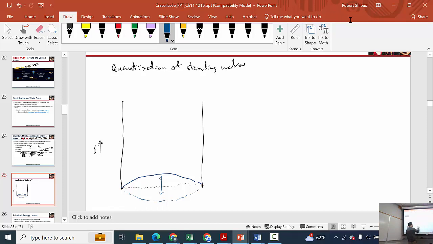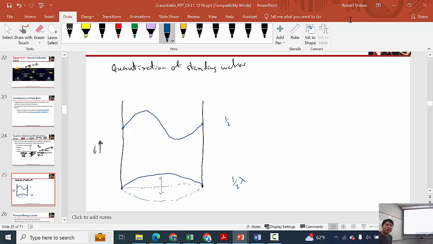But the next allowed energy is not just a little bit more. The next allowed energy is up here where we have to fit a full wavelength in there. So this is called a half wavelength. The next allowed energy is a full wavelength.